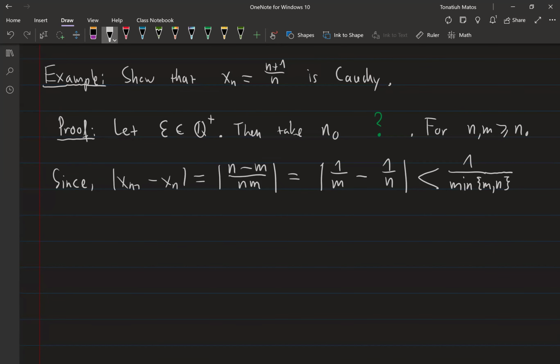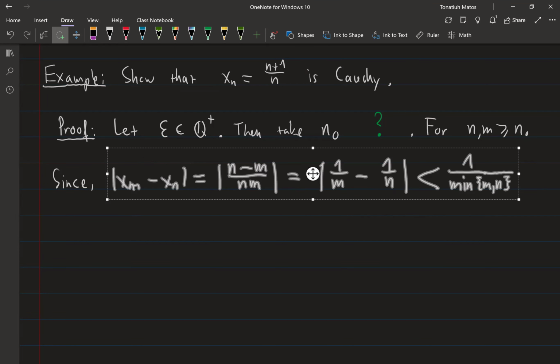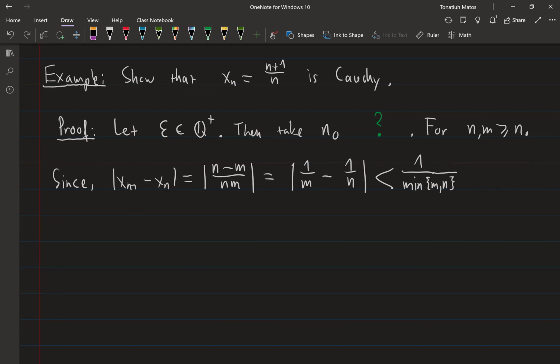Actually, we can do better than that, right? Because this is not only true, but if you find the minimum number, this is always going to be smaller than 1 over n0, because regardless of who m and n are, they're bigger than n0. So the fraction is always smaller.